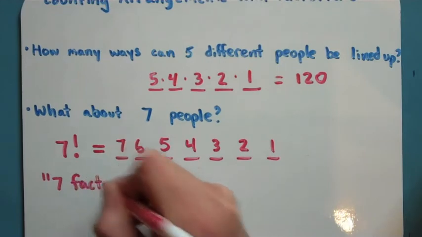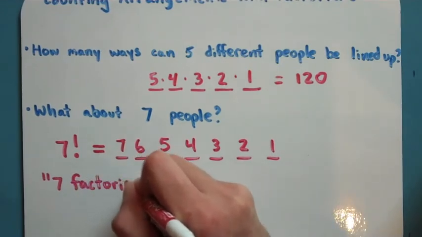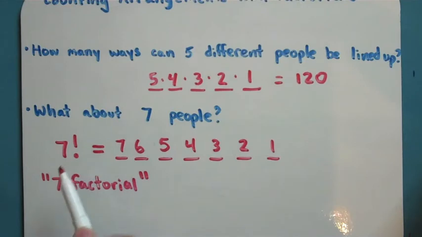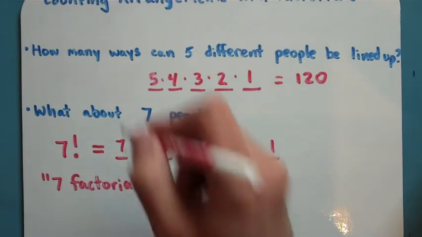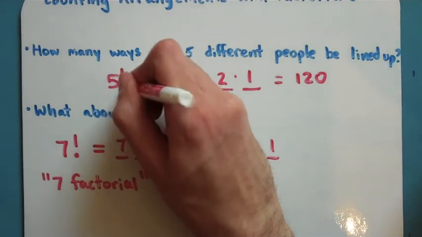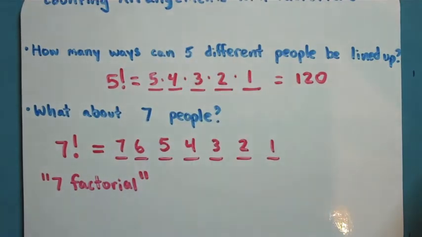So the factorial symbol is an exclamation mark. What that does is it starts at whatever number you tell it to, and it just multiplies all the way down until you hit 1. So this example over here is the same thing as 5 factorial. If I wanted 10 factorial, that'd just be 10 times 9 times 8 times 7, all the way down to 1. And there is a button for factorial on your calculator, so it makes it a little easier than having to type all that out.